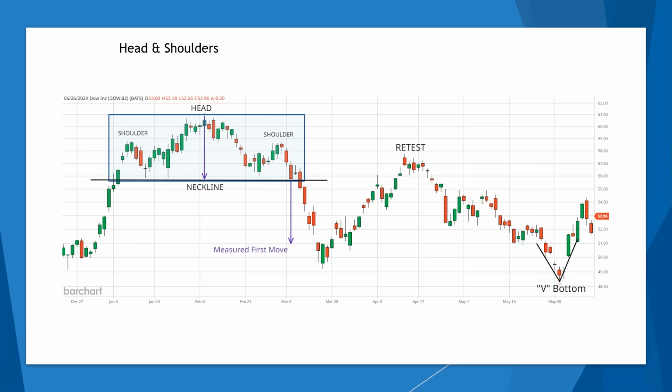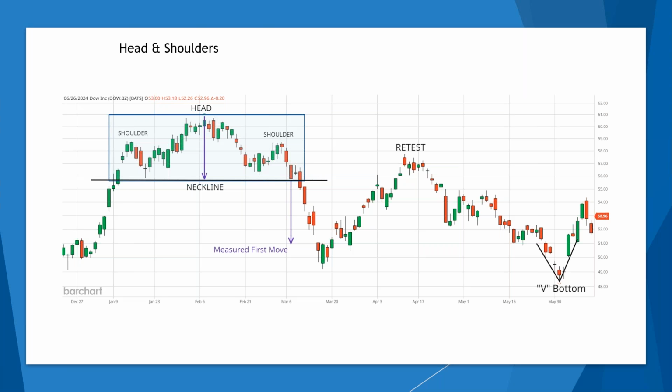But a completed head and shoulders pattern is an excellent indication of a change in trend, and shorting opportunities that present themselves after a head and shoulders typically have greater probability. In other words, patience for looking for those opportunities.